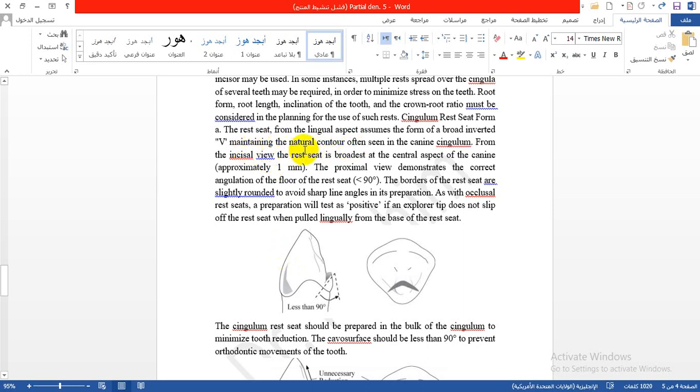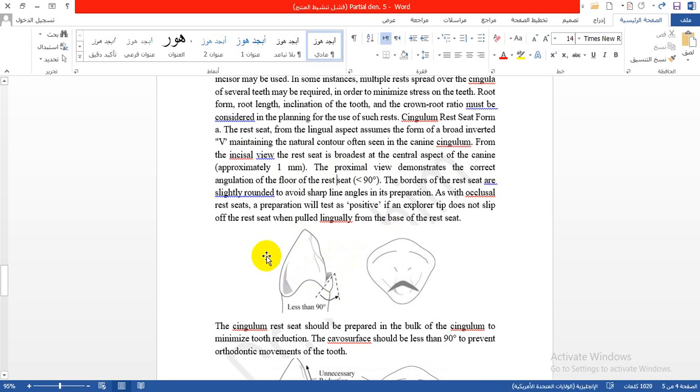We maintain the natural contour often seen in the canine cingulum. From the incisal view, the rest set is predicted at the central aspect of the canine، يعني شوفها باتجاه السنترال نفس فكرة الأوكلوزال ريست. approximately 1 مليمتر، يعني تقريبا مليمتر واحد باتجاه center of the tooth.